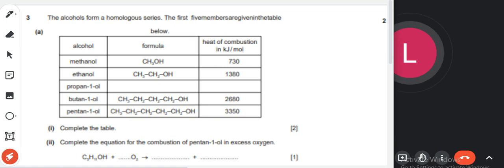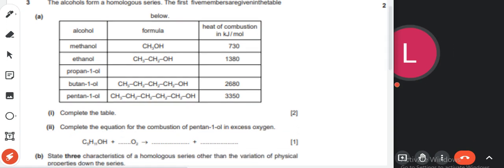This question says the alcohols form a homologous series. The first 5 members are given in the table: alcohol, formula, heat of combustion. Now it says complete the table, and complete the equation for combustion of pentan-1-ol in excess oxygen. Of course, when alcohols burn in oxygen, we've talked about what they give.